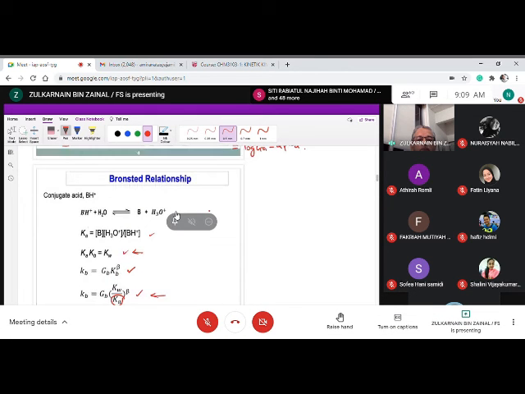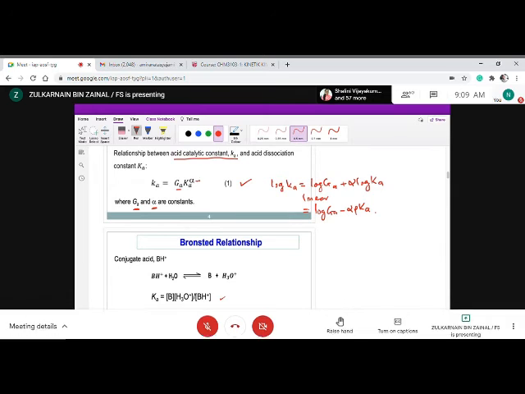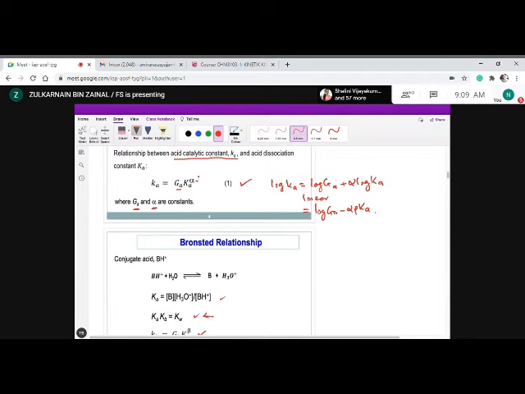So you can go back to the equation there. For example, you replace alpha with 0, if alpha is 0, if alpha is 1, if alpha is between 0 to 1, right? So what happened to the Ka value? The Ka value will depend on the value of alpha.